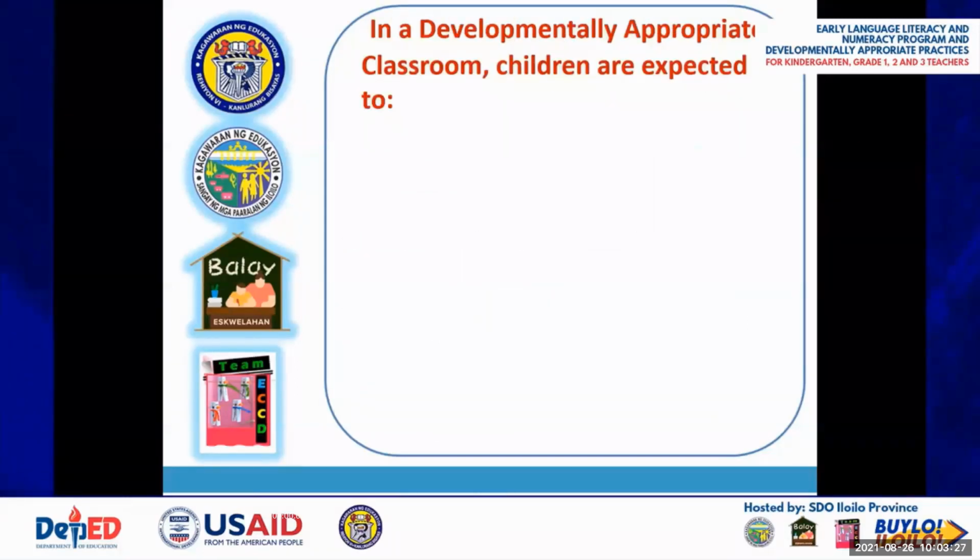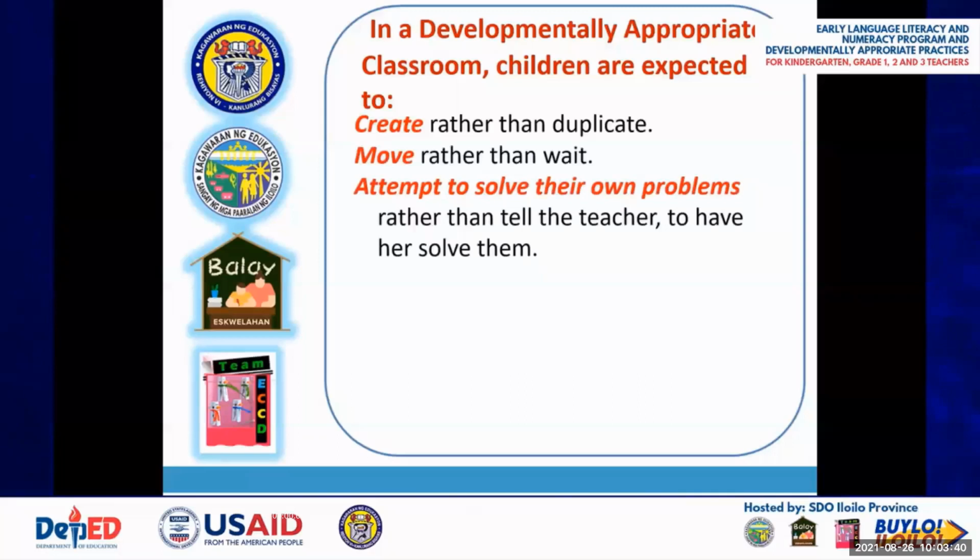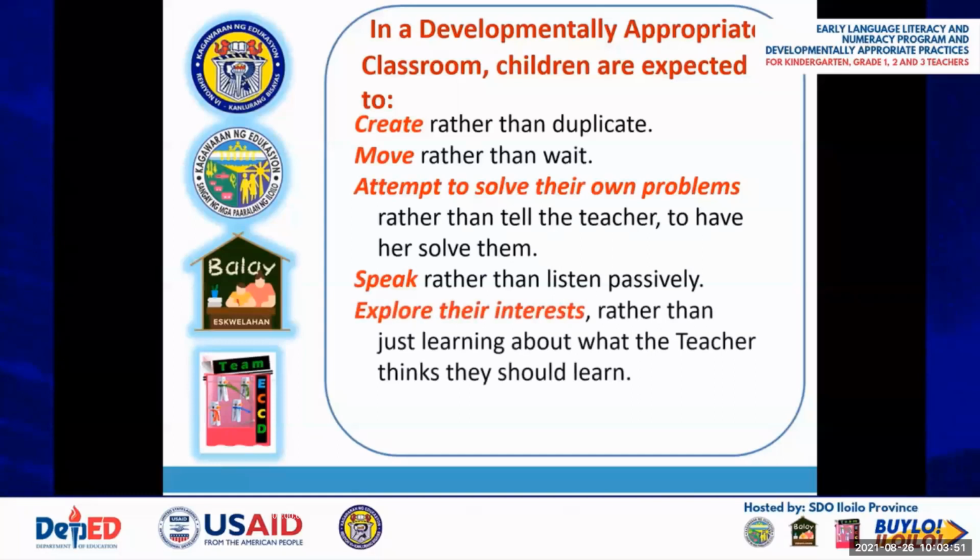In a developmentally appropriate classroom, children are expected to create their own work, move and do, attempt to solve their own problems, speak actively, explore their interests, and explore and investigate.